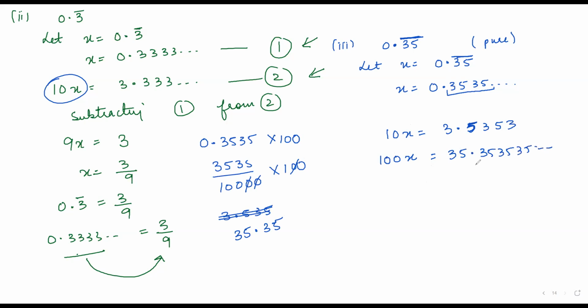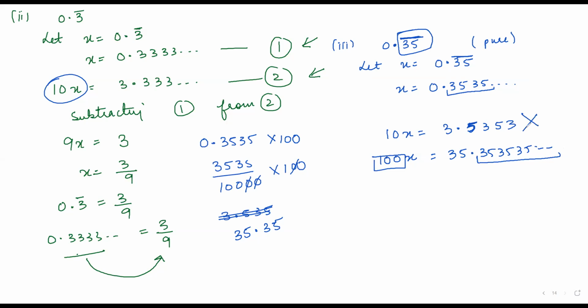Because after decimal, I want to get the same thing. So if you have two recurring digits, you are going to multiply with two zeros. Is that clear? So we will not multiply by 10, but we will multiply by 100. Is this understood, everyone?